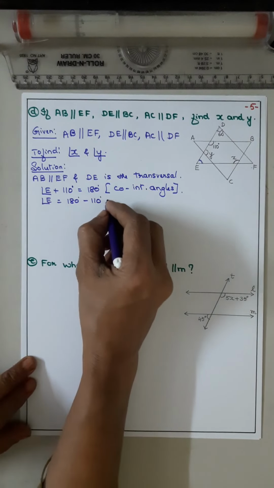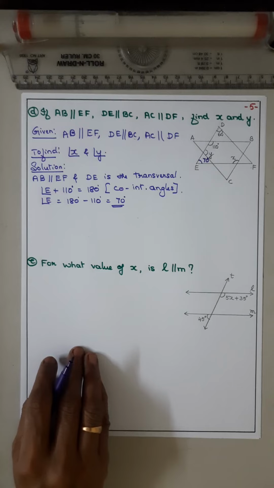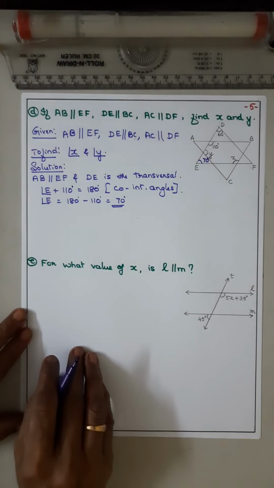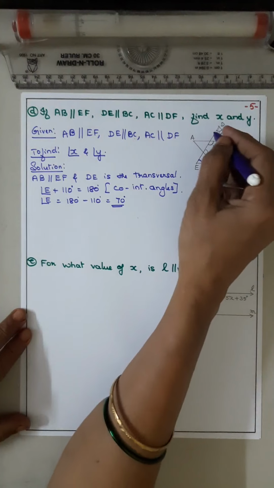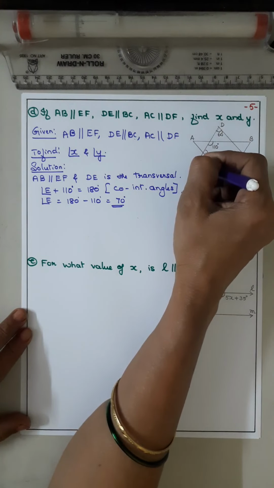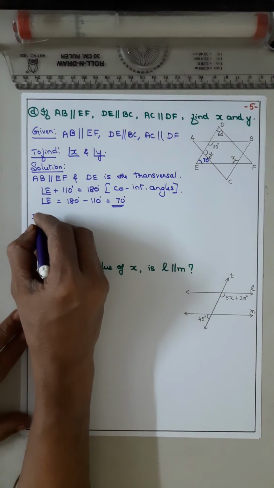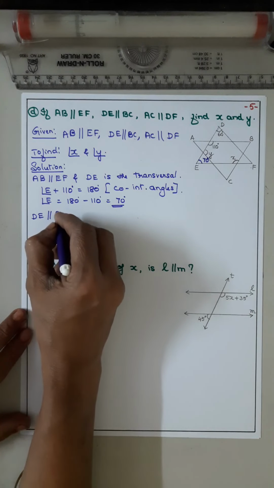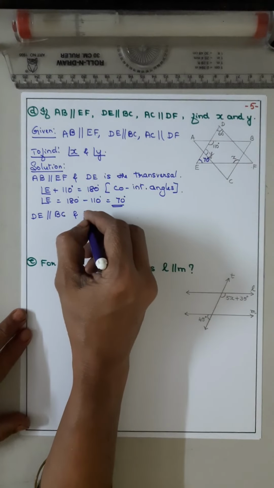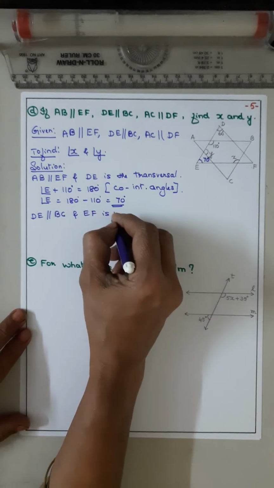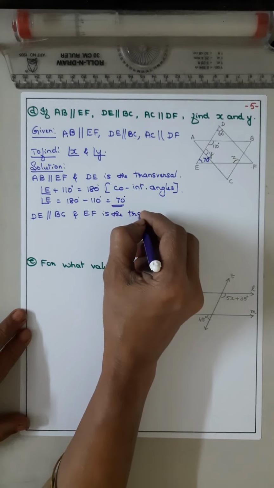Okay. Now you have to take DE parallel to BC, and EF is the transversal.